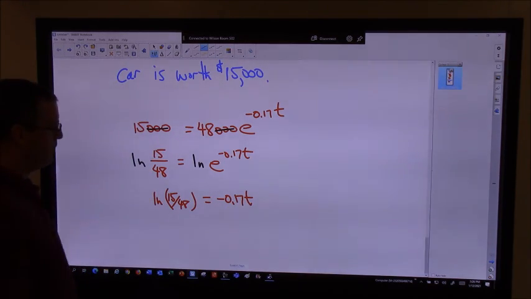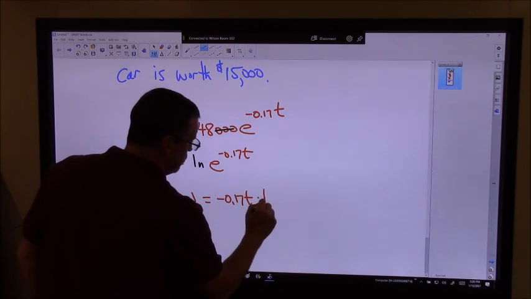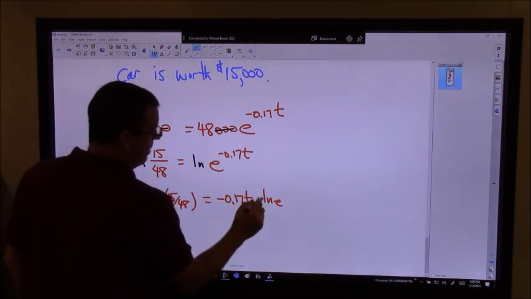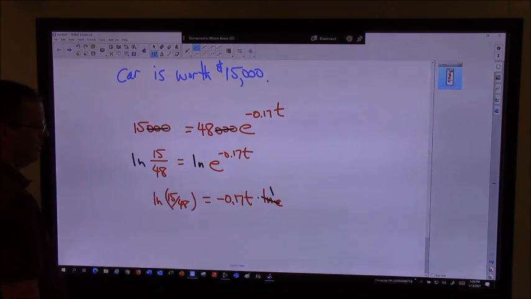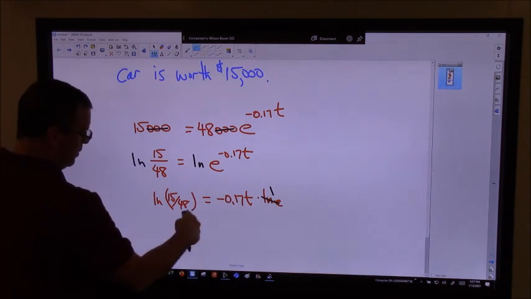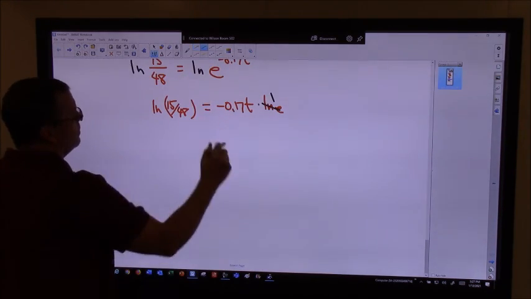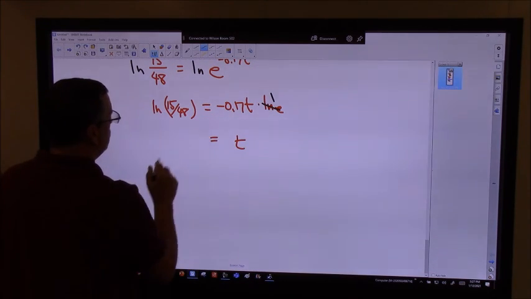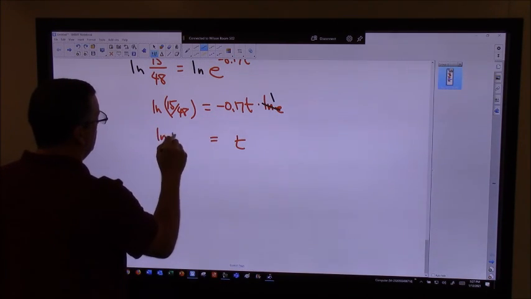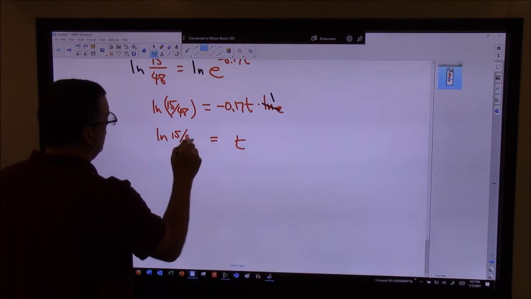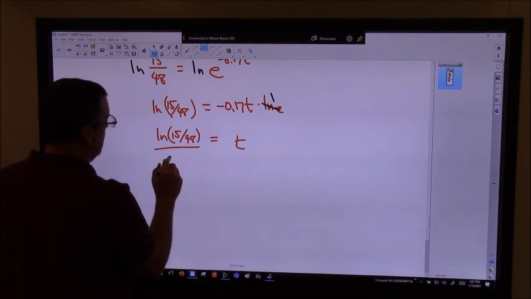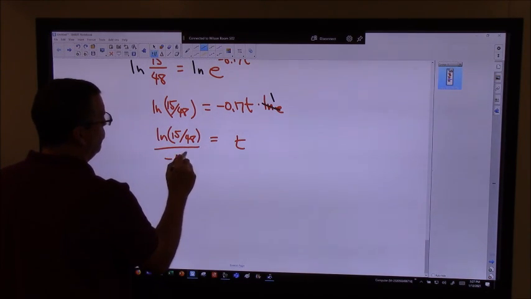So I won't even write it down. I'm still going to write it down just so that we see what happens. That becomes 1. And now to get t by itself, I need to move this over and divide. So t equals the natural log of 15 over 48 divided by negative 0.17.